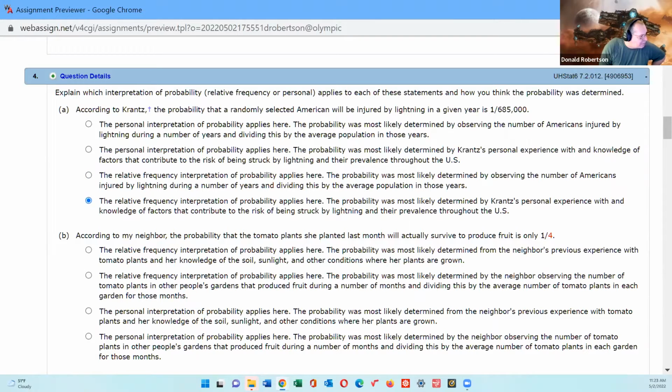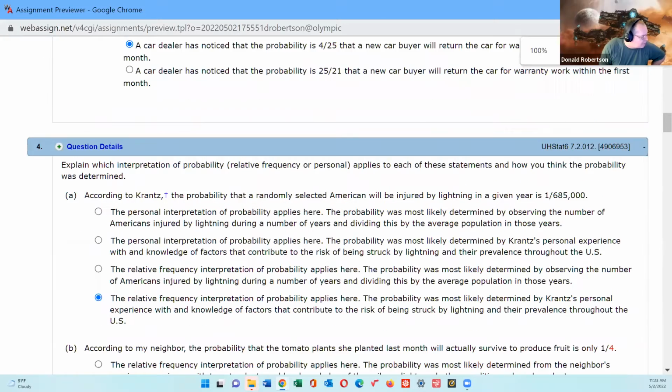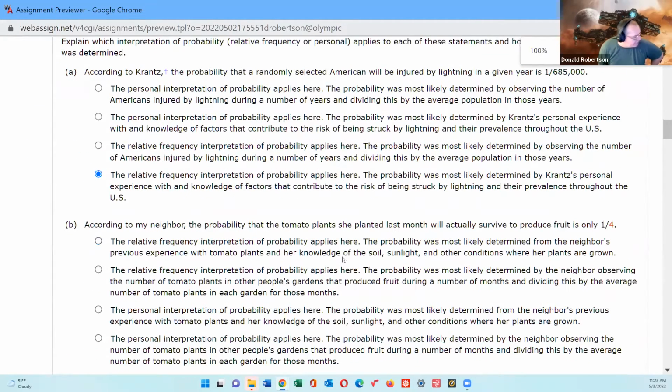I wonder if I can make that bigger without making it wrap. Okay, that's a little bit better. So let's look at it. The third dot first. The relative frequency interpretation of probability applies here. The probability was most likely determined by observing the number of Americans injured by lightning during a number of years and dividing it by the average population.